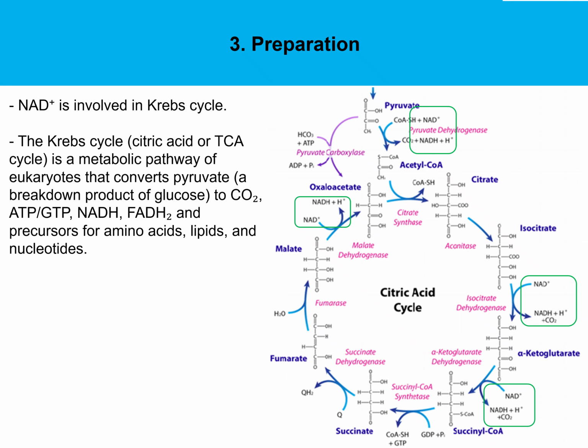Here in this cycle, we can see several occasions where NAD+ and NADH are involved in oxidation and reduction reactions. For example, in this last step here, we have malate being oxidized. So in particular, this alcohol here on the second carbon from the bottom is oxidized into a ketone through NAD+.